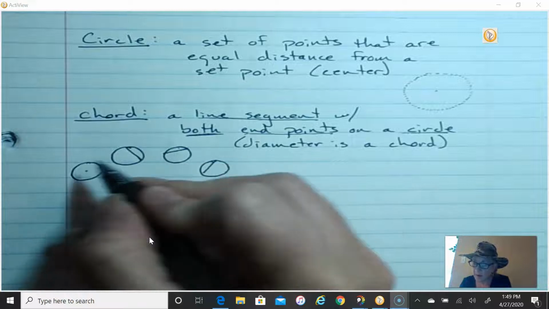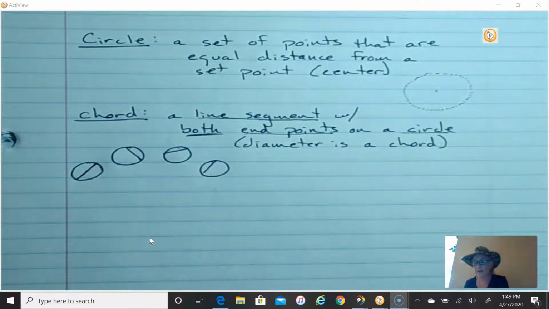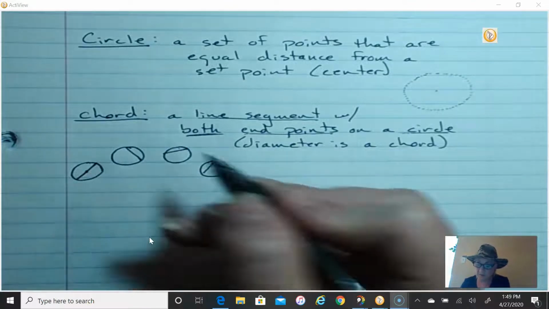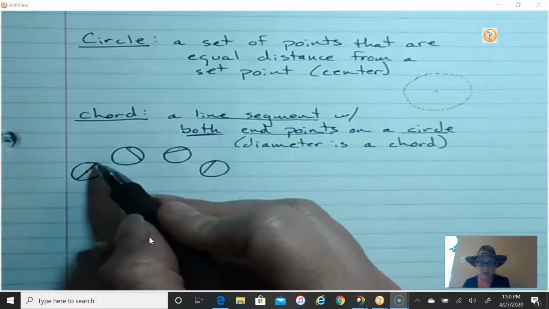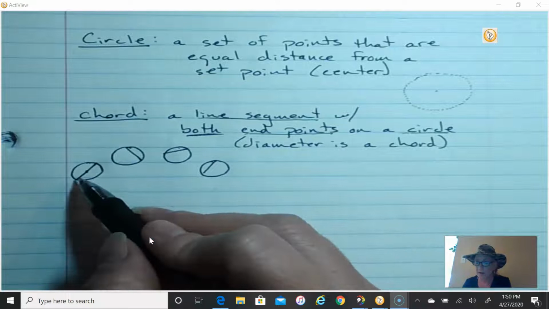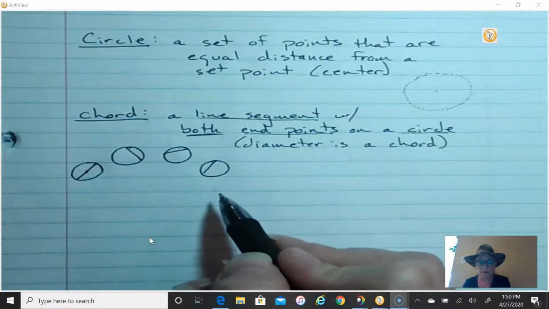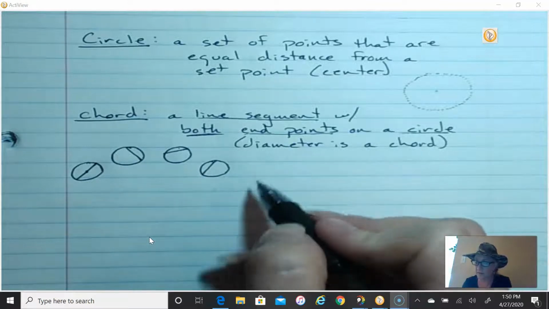Now, see that center? Notice that line goes through the center. That is also a chord. It's a line segment that goes through the center. But all of these are chords. It's just a line that connects from one side of the circle to the other.